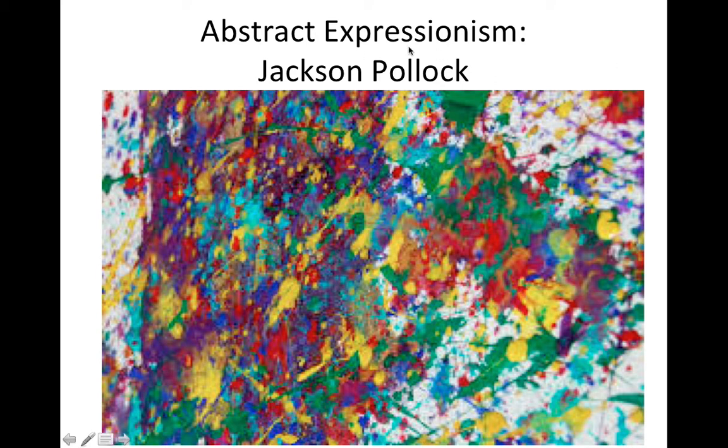Now, the work of Jackson Pollock actually was sold by America as being a new wave form of art, and it showed that American arts and American culture are better and taking the next step globally.